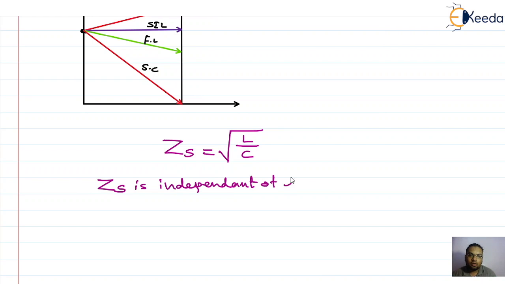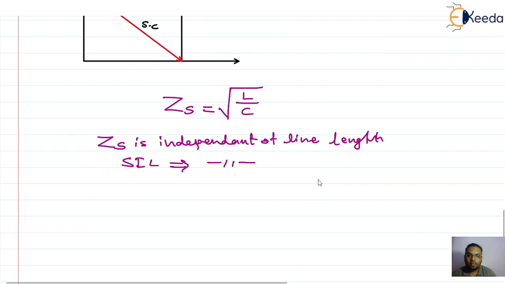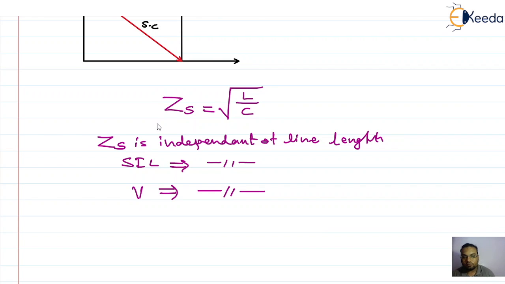As it is independent of line length, SIL, the surge impedance loading, will also be independent of the line length. With that we can say that the relationship between the receiving end voltage and the sending end voltage will also be independent of the line length if the line is terminated with the surge impedance loading. Now this is all with regard to the uncompensated line.